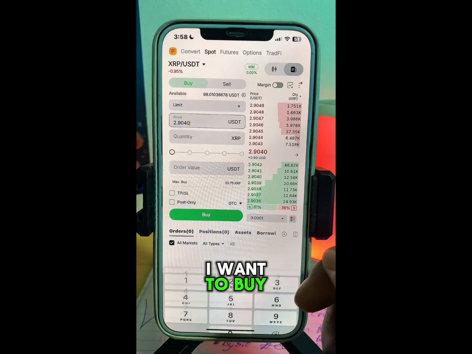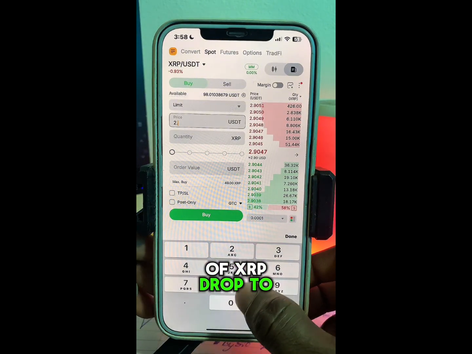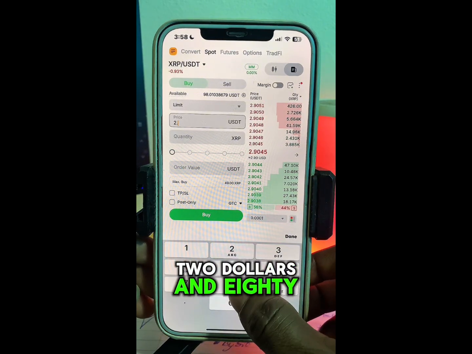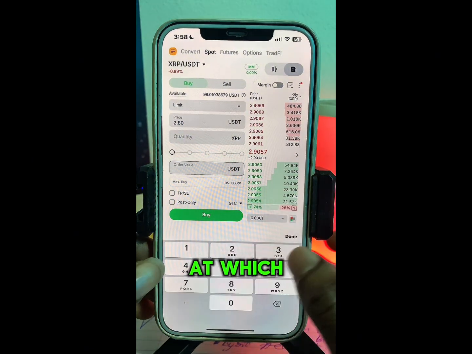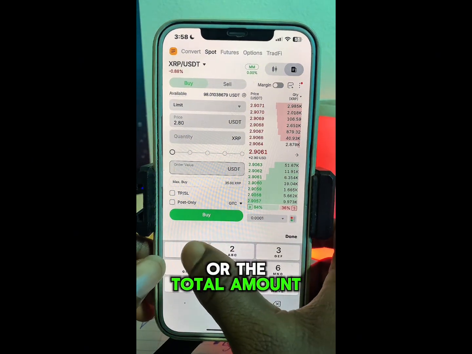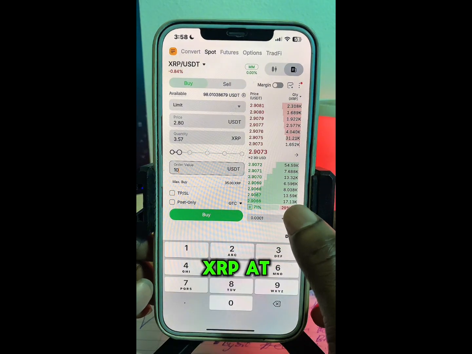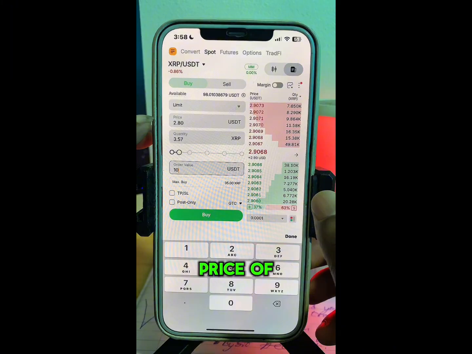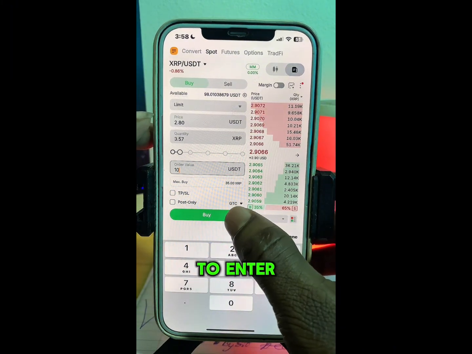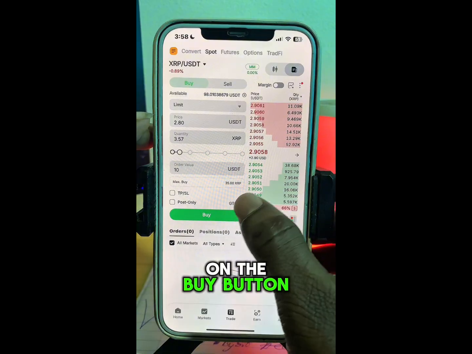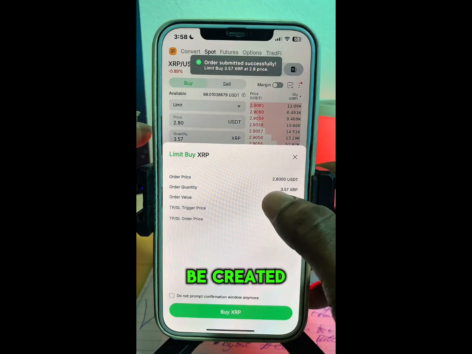I want to buy XRP when the market price of XRP dropped to $2.80. So you enter the amount at which you want to buy, or the total amount of XRP you want to buy. If I want to buy $10 worth of XRP at the market price of 2.80, all you have to do is to enter that, and then you click on the buy button and your order will be created.